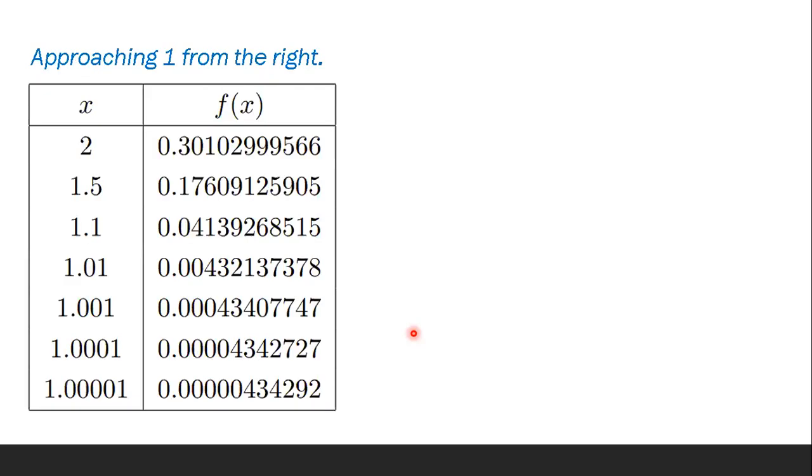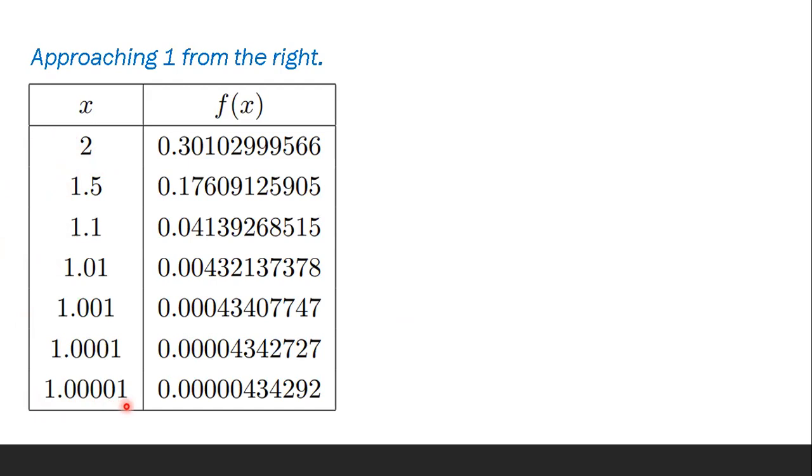Now that we're done approaching from the left, the next one will be approaching 1 from the right. We all know that 2 is on the right side of 1, so I chose 2 as my starter value of x here, as you can see above. And then my last value will be 1.00001.